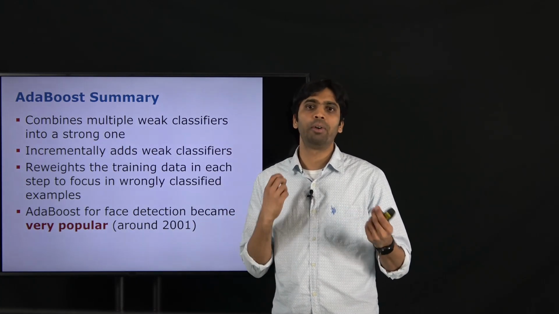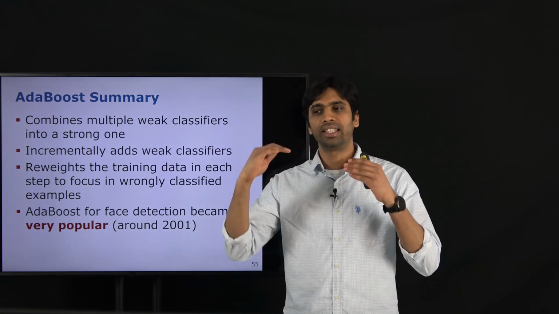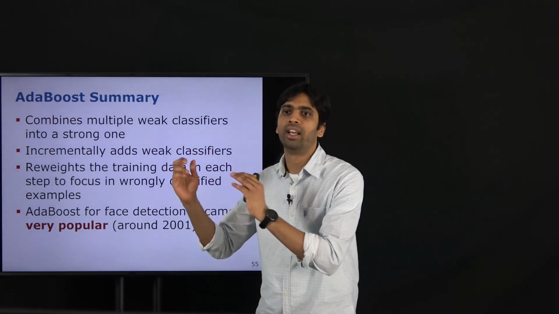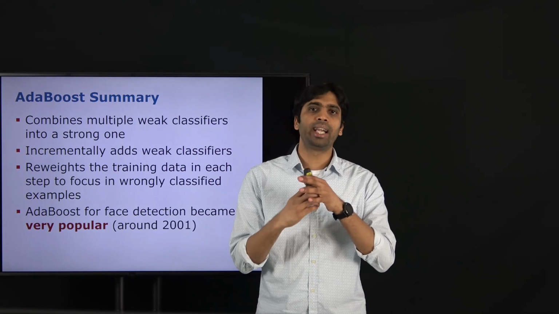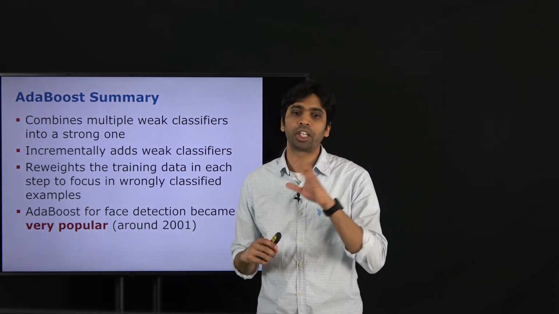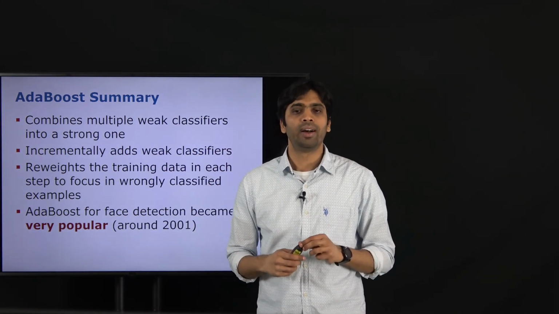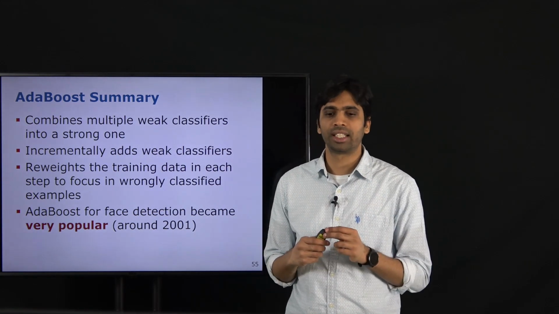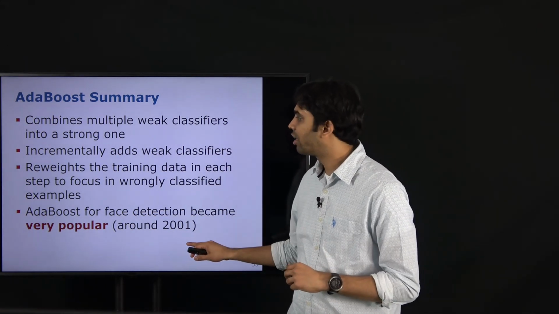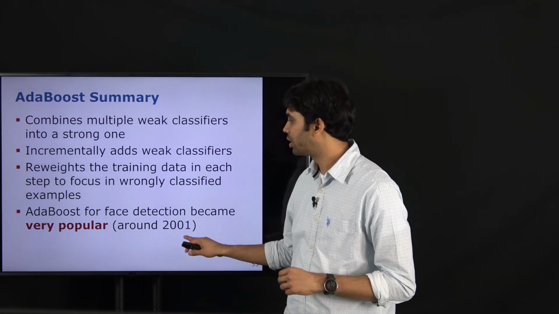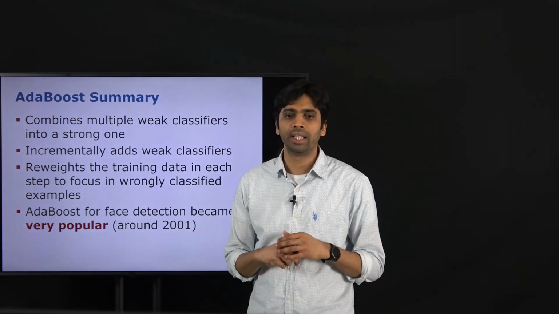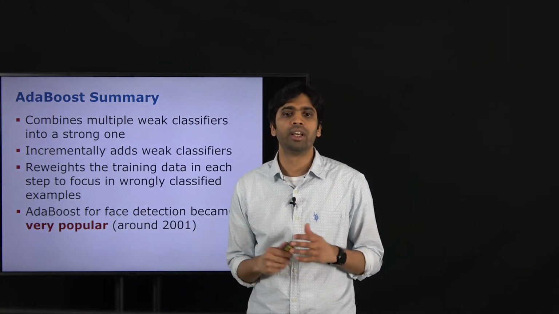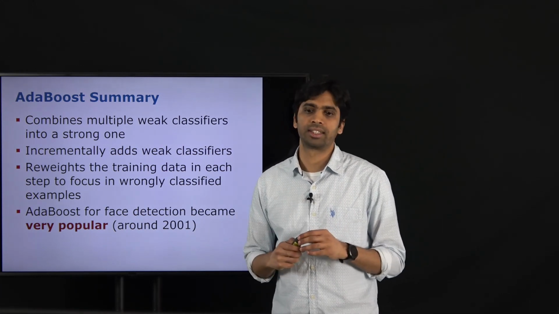And in this way, you're able to make sure that these harder examples are explained over time. And in the end, you end up with a combination which is much better than any of the individual classifiers that you can come up with. And this algorithm was proposed around 2001 and is still widely used in the classification community for various tasks.